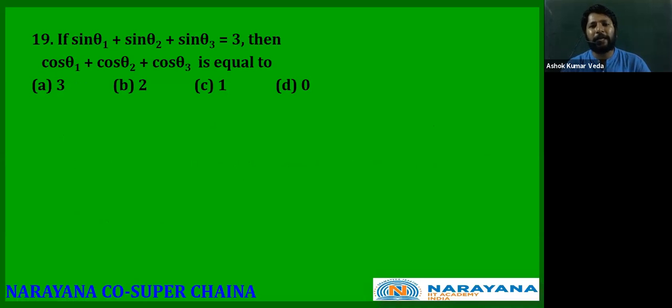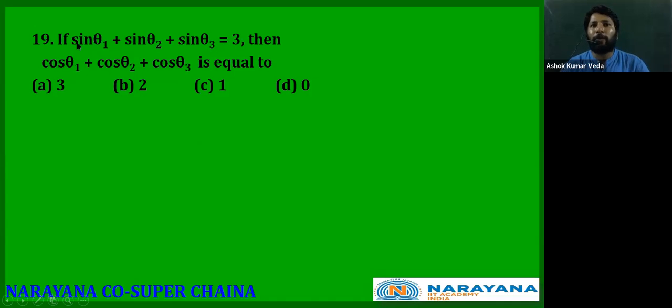We know sine of 90 minus theta is cos theta, and we also know that sine square theta plus cos square theta is 1. But in this question, you have a sum of three different terms equal to 3, which means none of those earlier identities would be directly useful. Because if I square this entire expression and try to convert to cos square, I will have a lot of extra terms, which is not at all helpful.